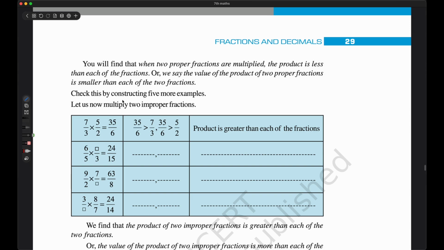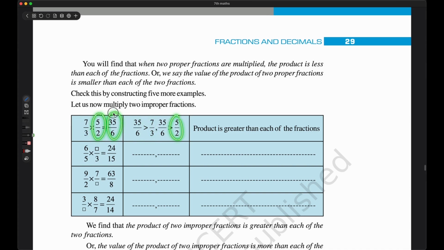Now let us check for two improper fractions, 7 divided by 3, where the numerator is greater than the denominator, and 5 divided by 2, where 5 is greater than 2. If we multiply, we will get 35 divided by 6, and the product will always be greater than the improper fractions 7 divided by 3 and 5 divided by 2.